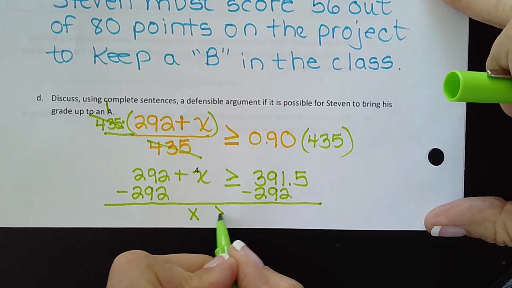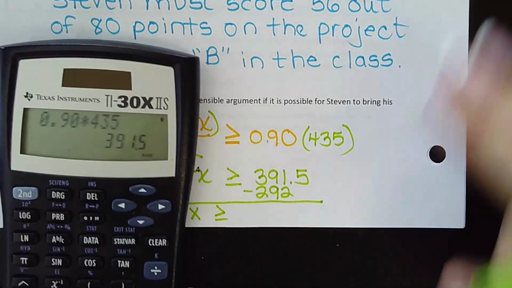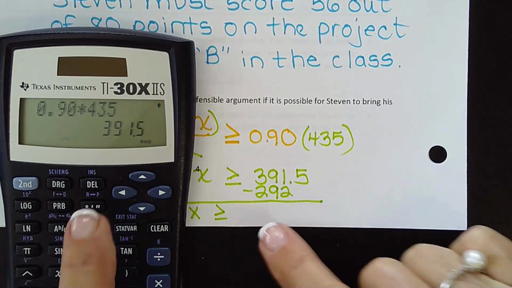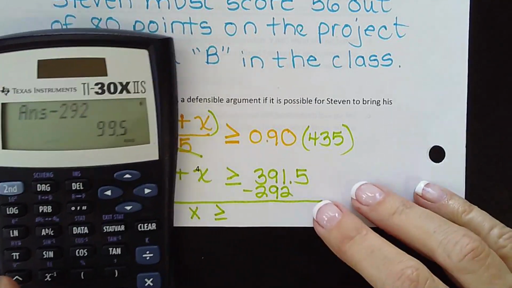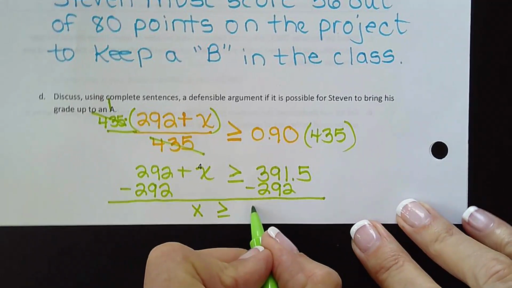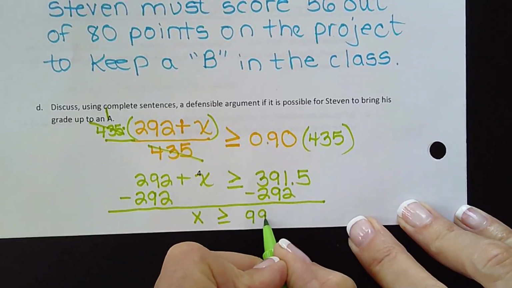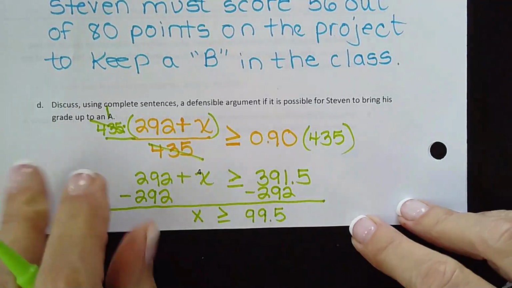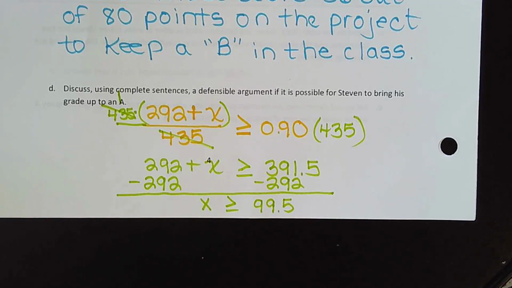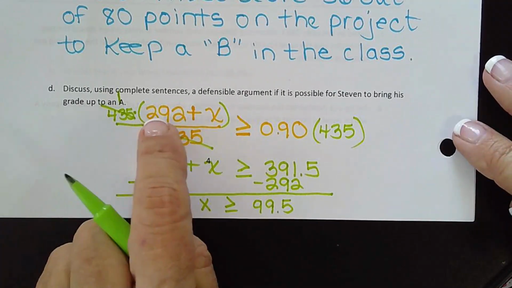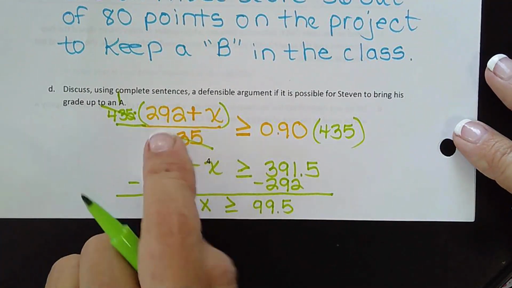So his score must be greater than or equal to, we got our 391.5 there, so just hit subtract 292. 99.5. So what the average student does is they convert this and think percent.